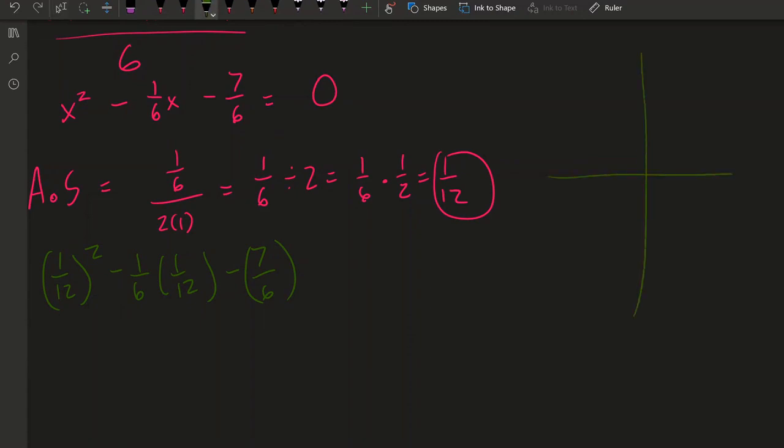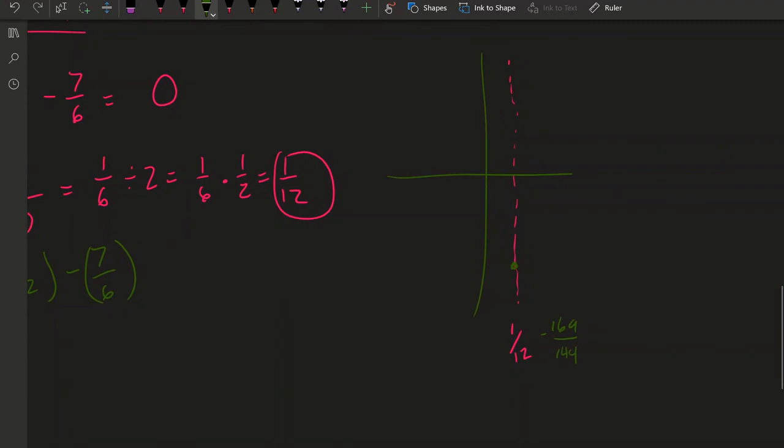Watch what happens here. If I graph this, this has an axis of symmetry of 1/12, and then the vertex is on the axis of symmetry at negative 169/144. And then it's going to go up like this, and it's going to intersect at 2 points that I don't know. I do know that it has to go up 169/144.